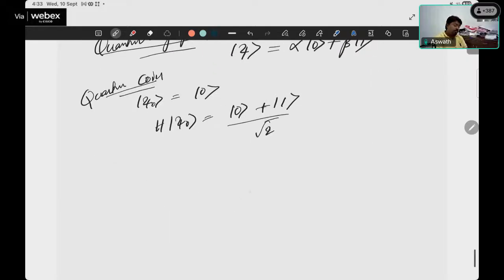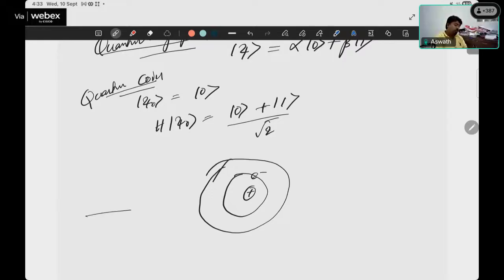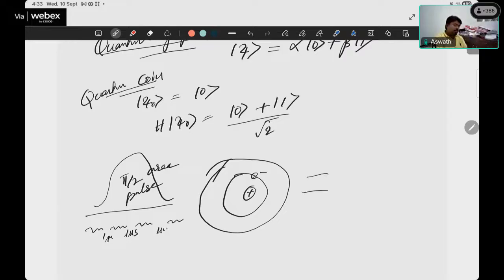So literally, what is it? You take an electron in the ground state. There is an outermost orbit available for the electron. What you do is send a pulse of photons, a pi by 2 area pulse. It has equally spaced photons, 1 microsecond apart. This will come and hit the electron, and the photon pushes it to the excited state.